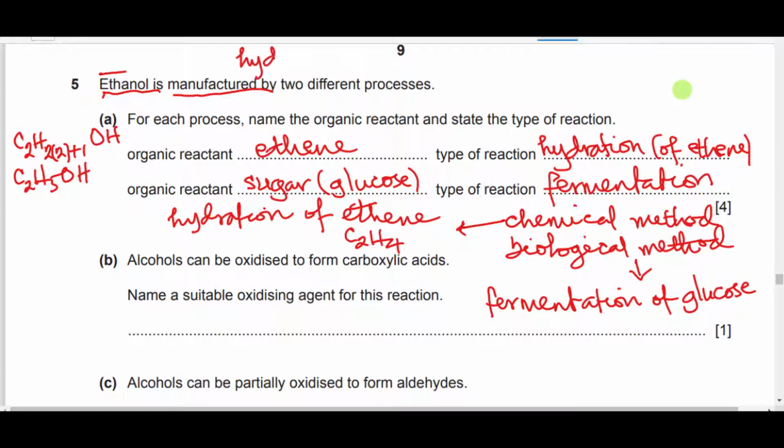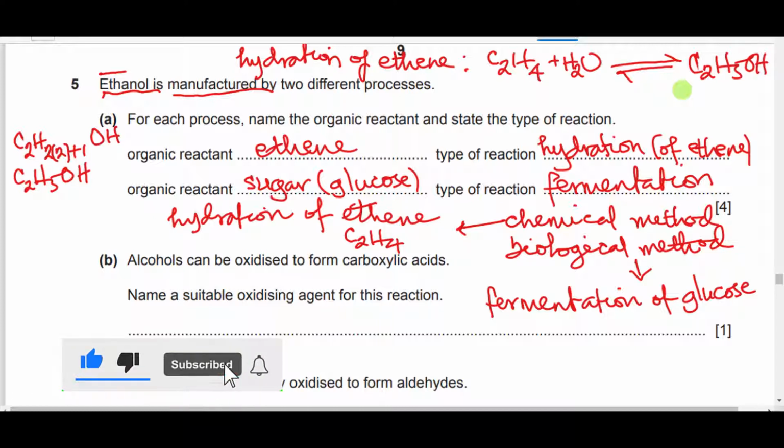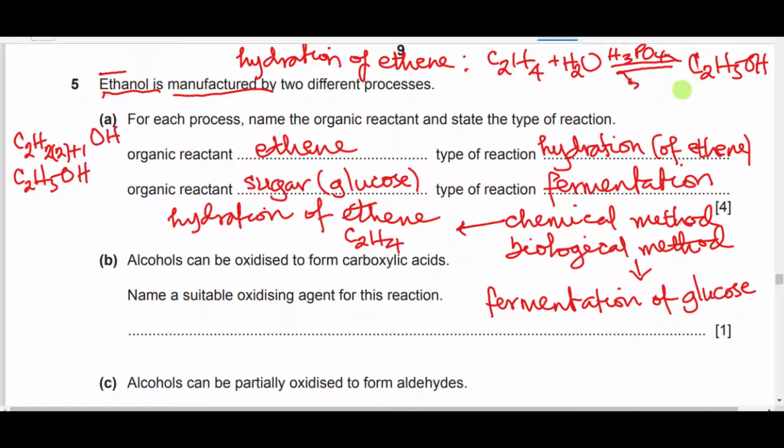Now let's throw more light on this. Hydration of ethene is a reversible reaction that occurs in the presence of phosphoric acid, at a temperature of about 500 degrees Celsius, and a pressure of about 60 to 70 atm.